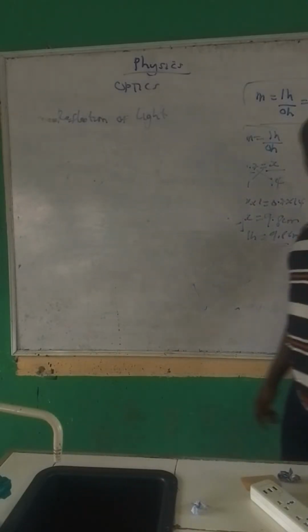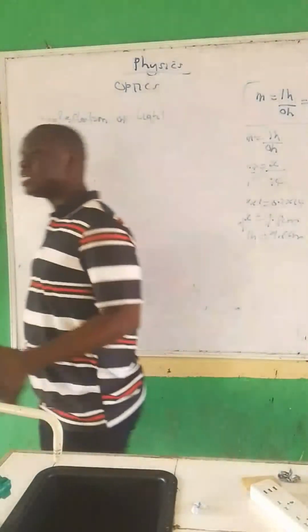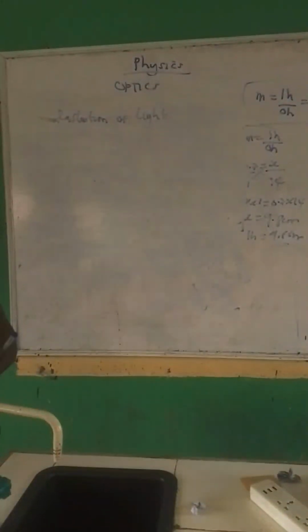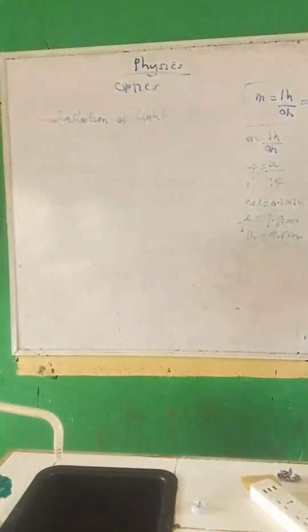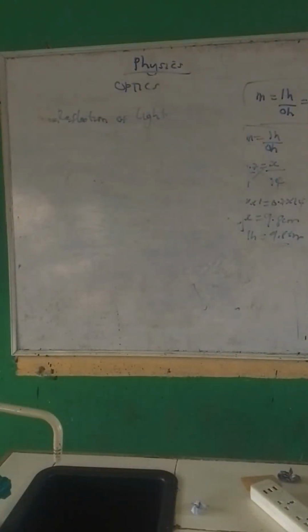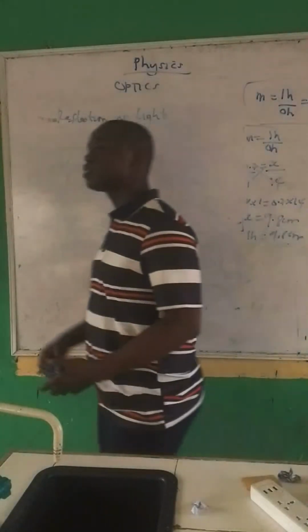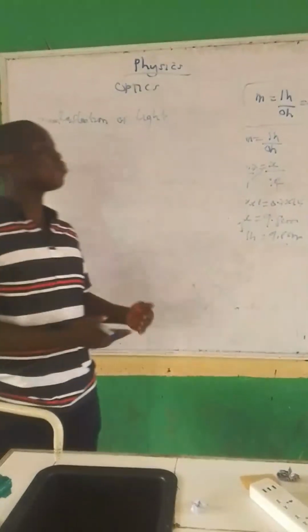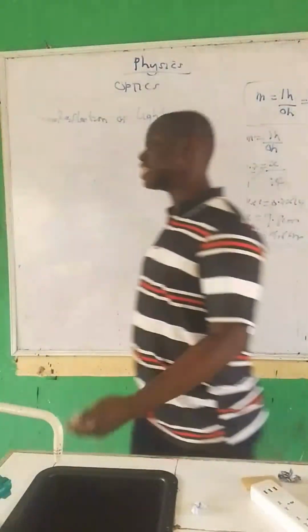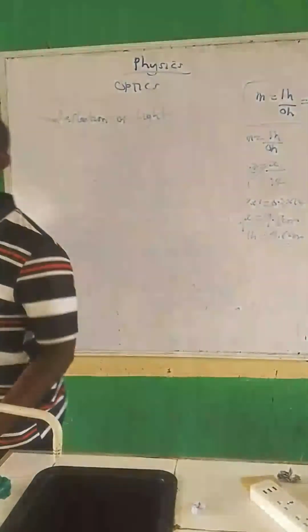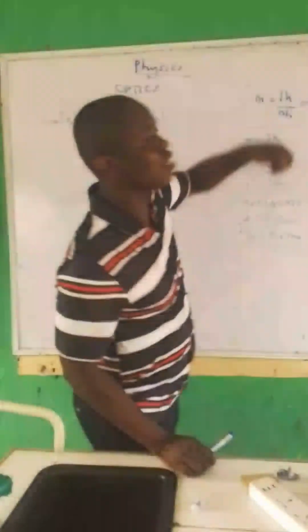Now, reflection is simply the sudden change in the direction of light when it is incident on a surface, on an object through which it cannot pass. I repeat. Reflection of light is the sudden change in the direction of light when it strikes an object through which it cannot pass.